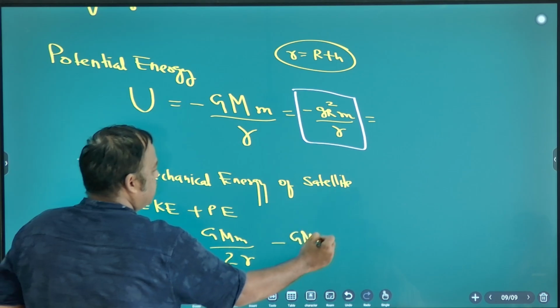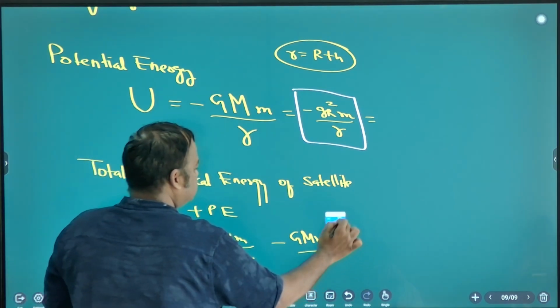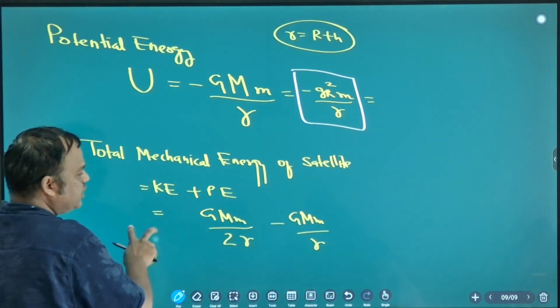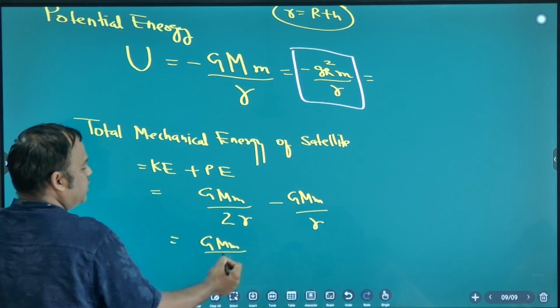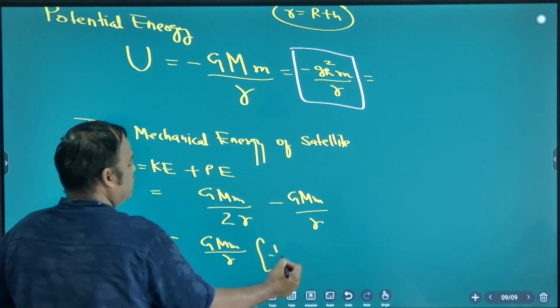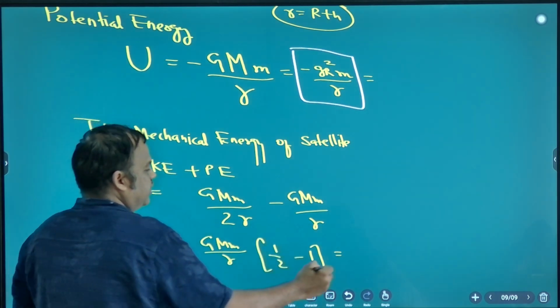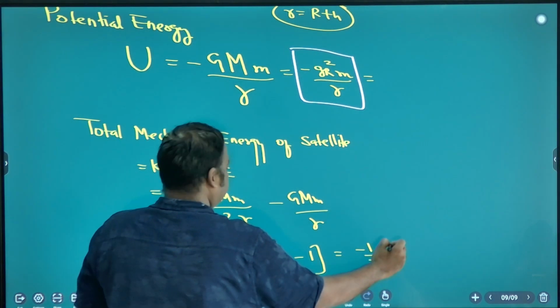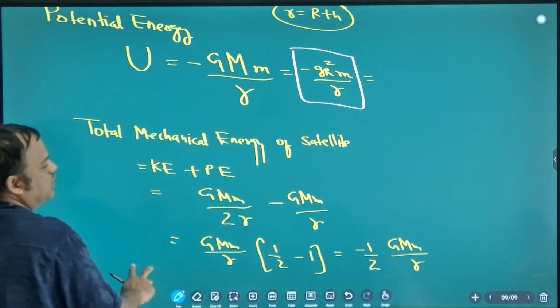Minus GMm by r. Now take GMm by r common: 1 by 2 minus 1 is minus 1 by 2. So minus 1 by 2 GMm by r. This is the total energy, note down.